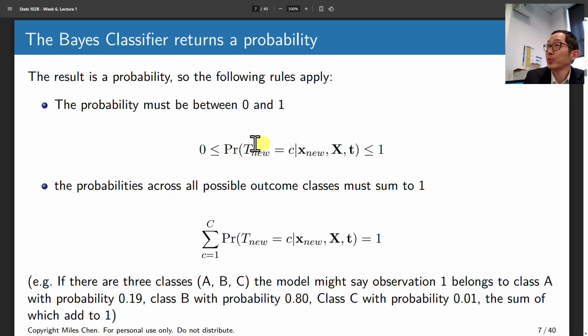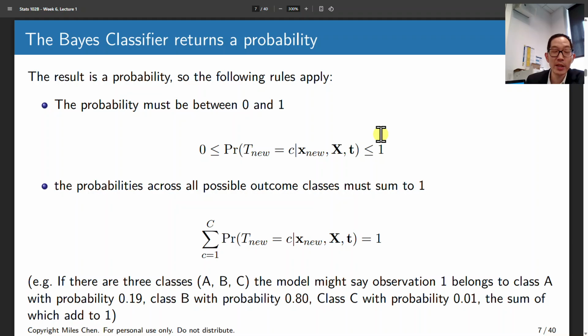The output, this thing that we want, is a probability, so all of the rules of probabilities apply. It's always going to be a value between 0 and 1. That's just your base sanity check. If you're getting a number that's outside of the range of 0 and 1, you've likely done something wrong.